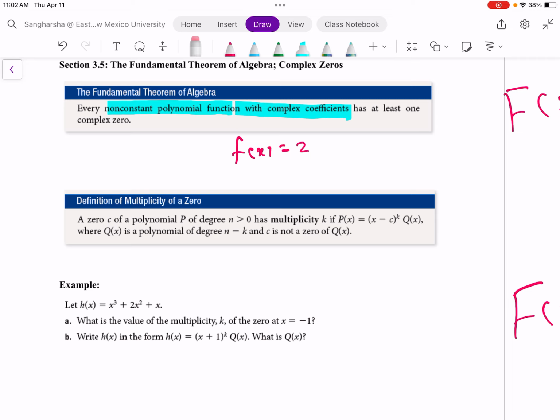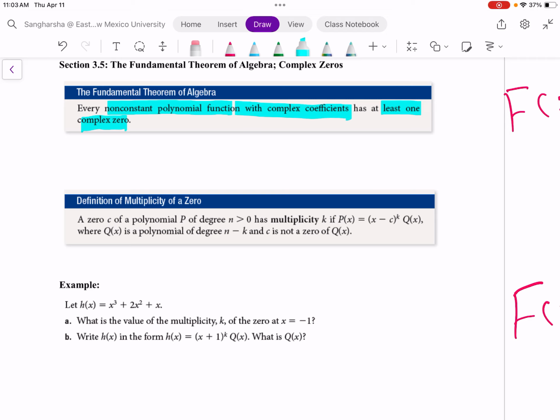But here we are talking about a function which is not a constant, and that function has at least one complex coefficient. If that is the case, then we can always find at least one complex zero.